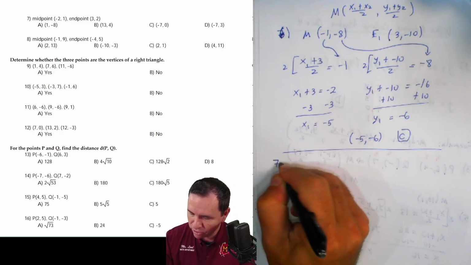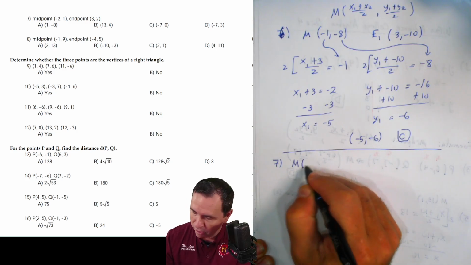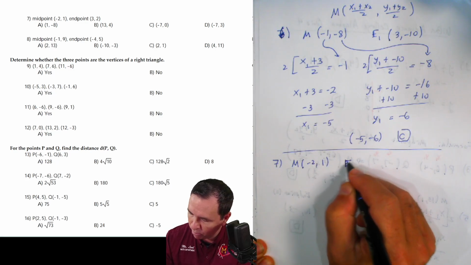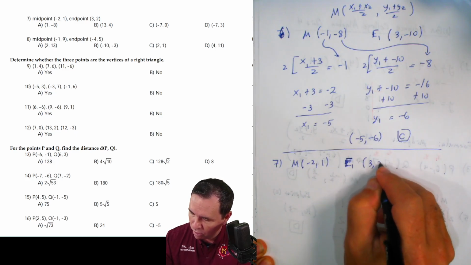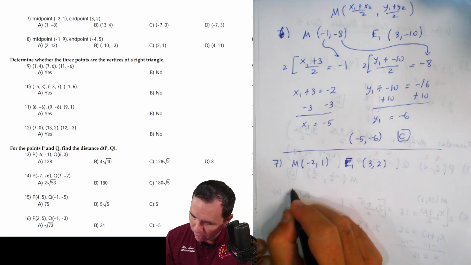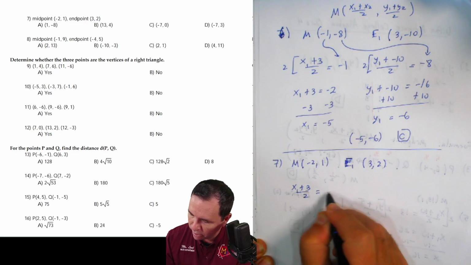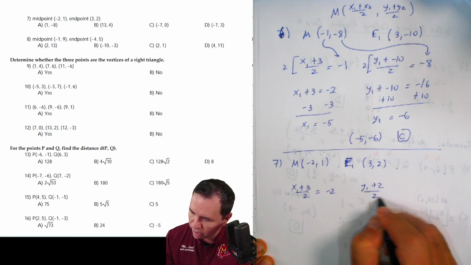Number 7, let's go ahead and do it. We got the midpoint is -2, 1, and the endpoint, let's call it endpoint 1, and it's 3 comma 2. All right, so that means that x1 plus 3 over 2 has to equal -2, and y1 plus 2 over 2 has to equal 1.